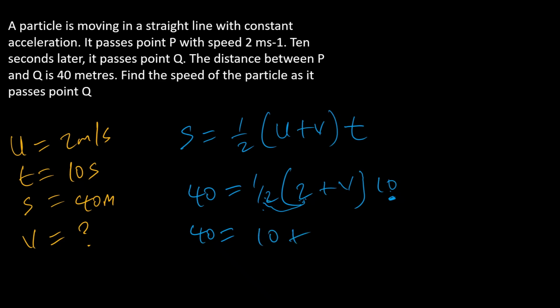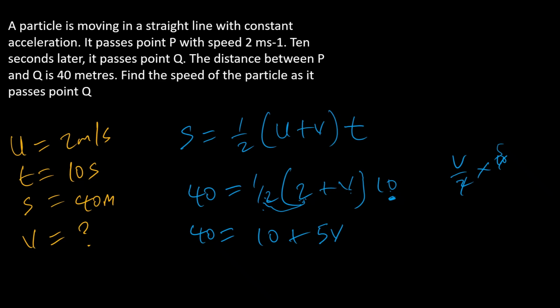Plus half times v over 2, right? v over 2 times 10, 10 divided by 2, we have 5. That will give us 5v. Okay, so 10 plus 5v.